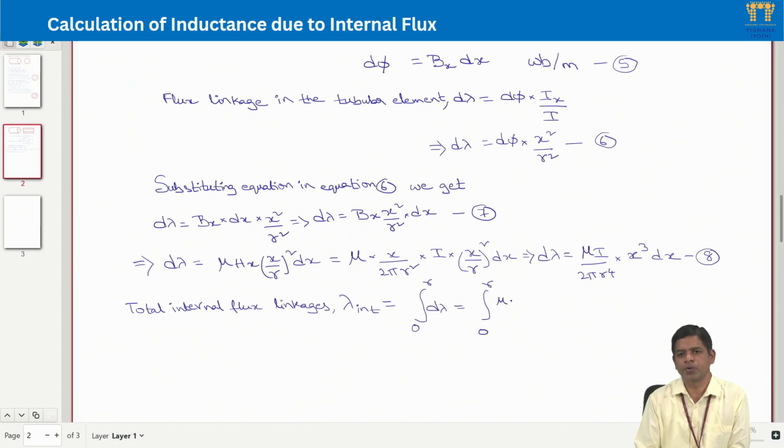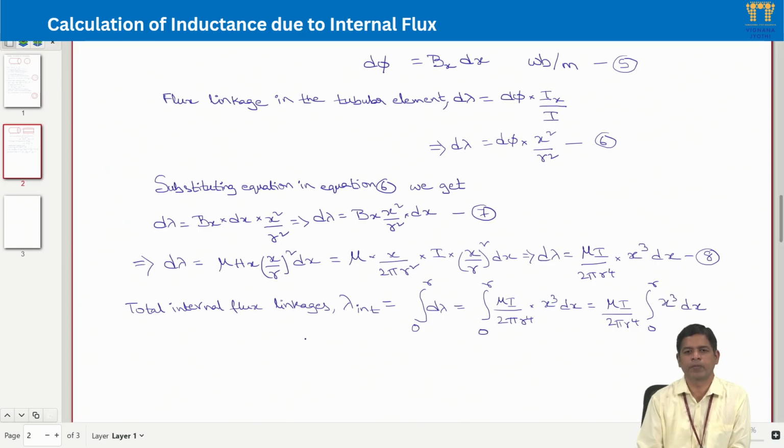Then it becomes mu I by 2 pi r power 4 into x cube dx. Mu I by 2 pi r power 4 is a constant with respect to x. So I'll take it outside. Now rest part of the equation will be 0 to r x cube dx.